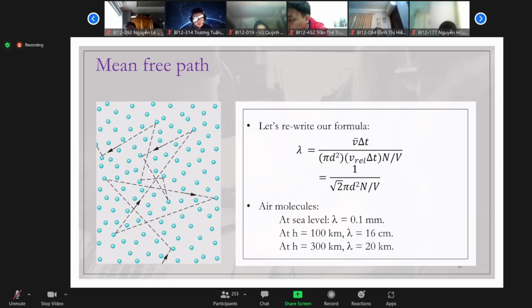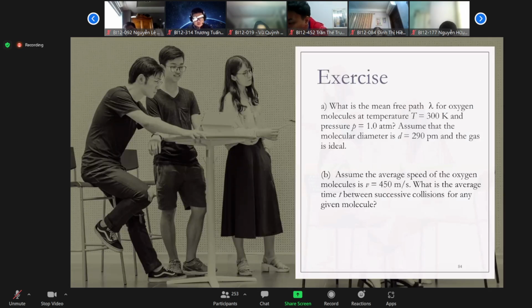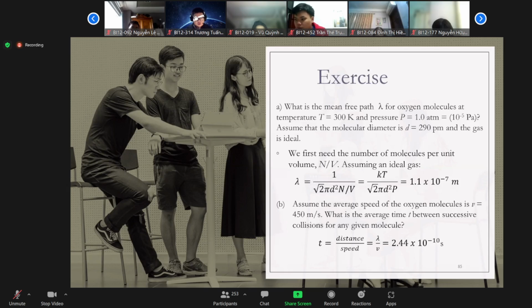I will try to upload. We will see the exercise once again. We try to calculate the mean free path of oxygen. Okay, so first, we calculate the mean free path for oxygen molecules at 300 kelvins and atmospheric pressure.